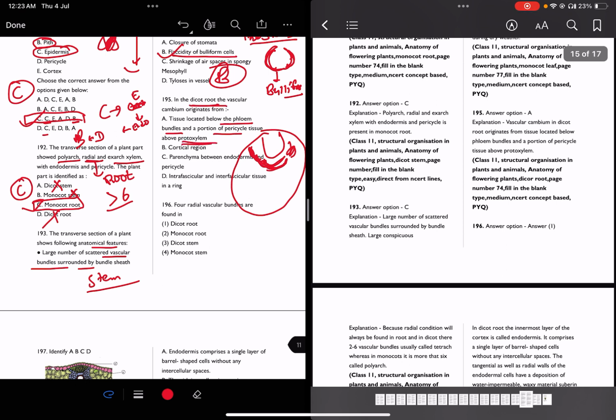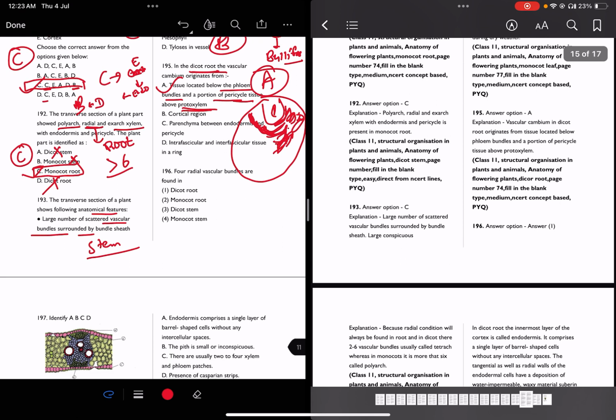Here is a dicot root, radial arrangement. This is the xylem, this is the phloem, below the phloem, and the portion above the protoxylem, the pericycle tissue. So the answer is A only. It is a direct NCERT line. We should learn this directly from NCERT only.